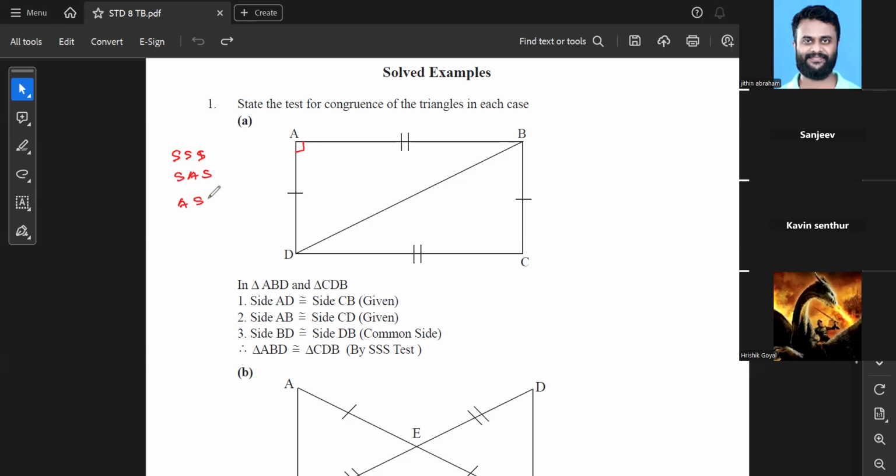You can use any of the tests. In this case, SSS is applicable. In this case, SAS is also applicable because if this is 90 and this is 90, the two sides adjacent to them, if both are congruent, then this is also proved, right?